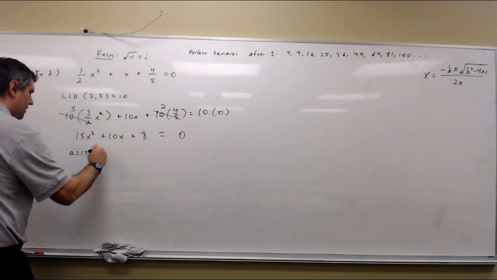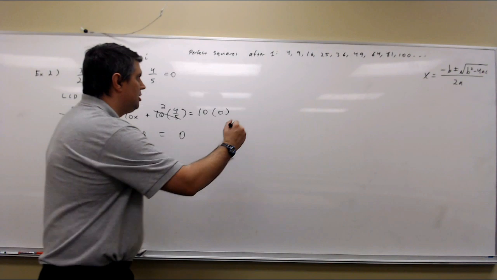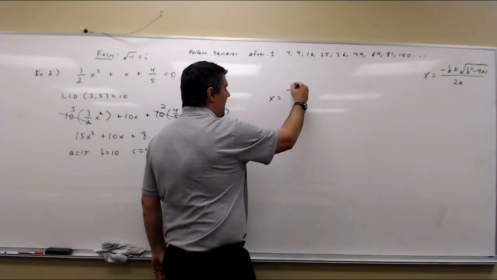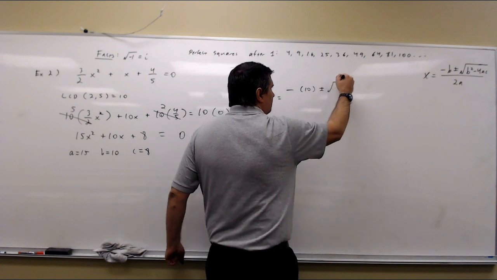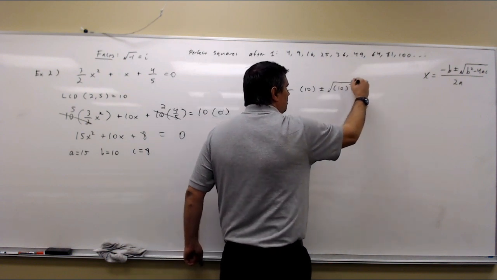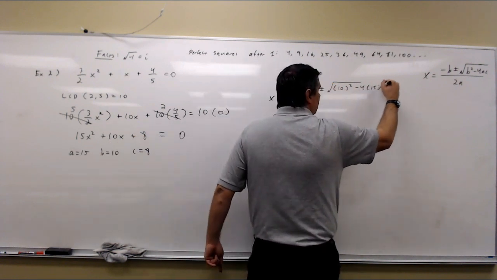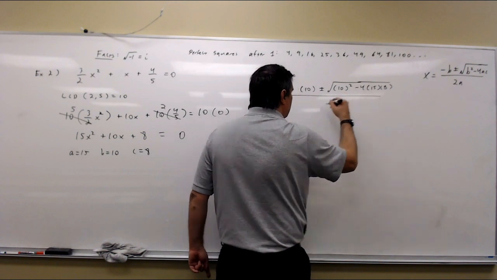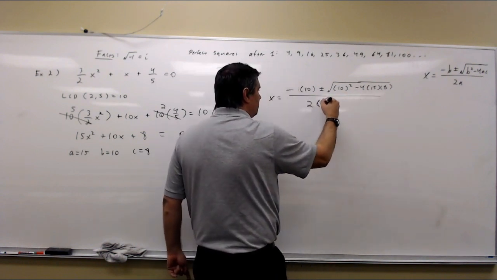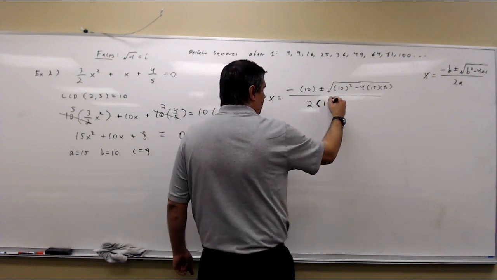A is 15, B is 10, C is 8. So x equals negative 10 plus or minus the square root of 10 squared minus 4 times 15 times 8, all over 2 times 15.